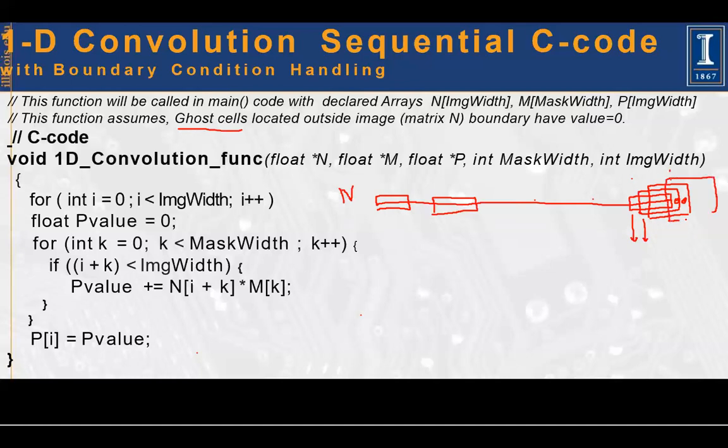If you were calculating for this position, your window was starting from here and it was a size 5 window. So there will be one value here already inside and there will be 1, 2, 3, 4 values outside. There are 4 values outside in the ghost area. So now worst case there are 4 ghost cells.